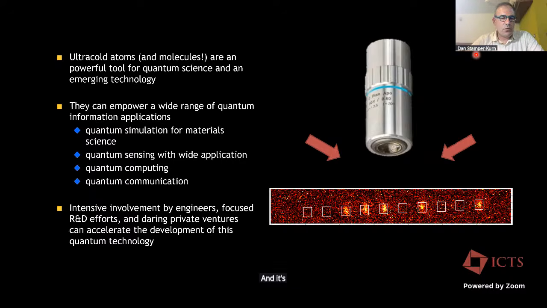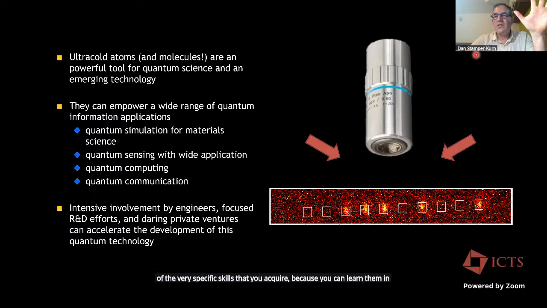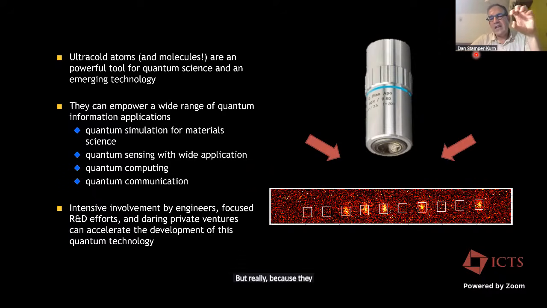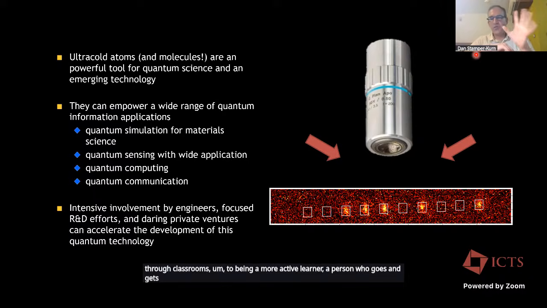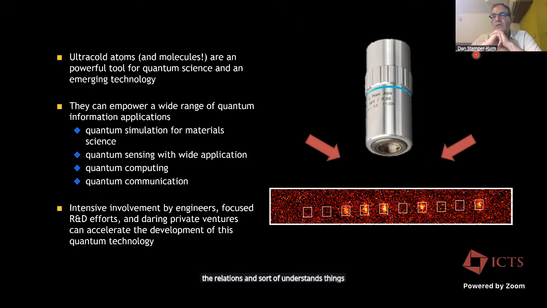And it's important not because of the very specific skills that you acquire, because you can learn them in a PhD program, but because they provide evidence to the people that are going to supervise your PhD that you're good at research, that you're capable of entering a research lab, and of making the transition from being a passive learner who learns things through classrooms to being a more active learner, a person who goes and gets the knowledge, reads the paper, derives the relations, and understands things on their own.